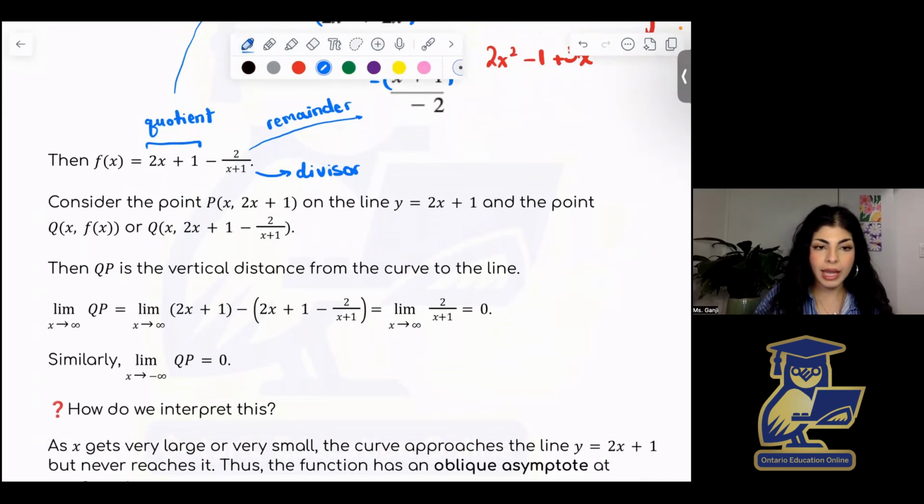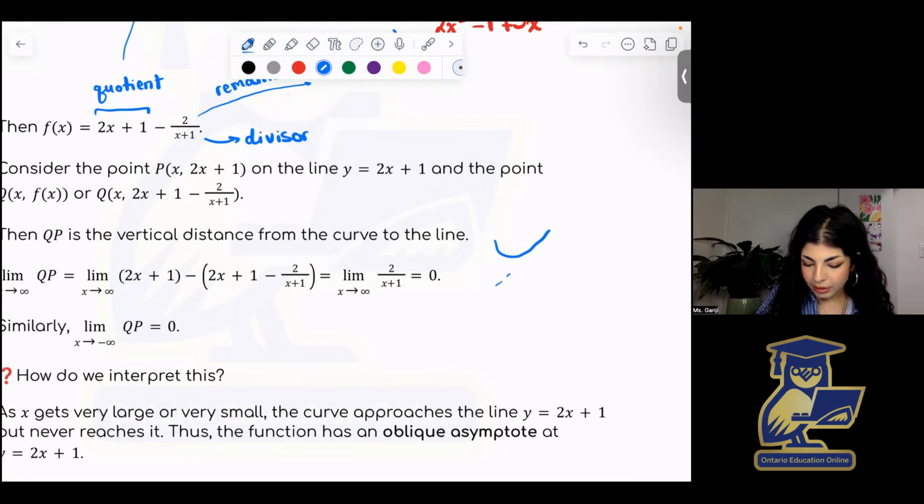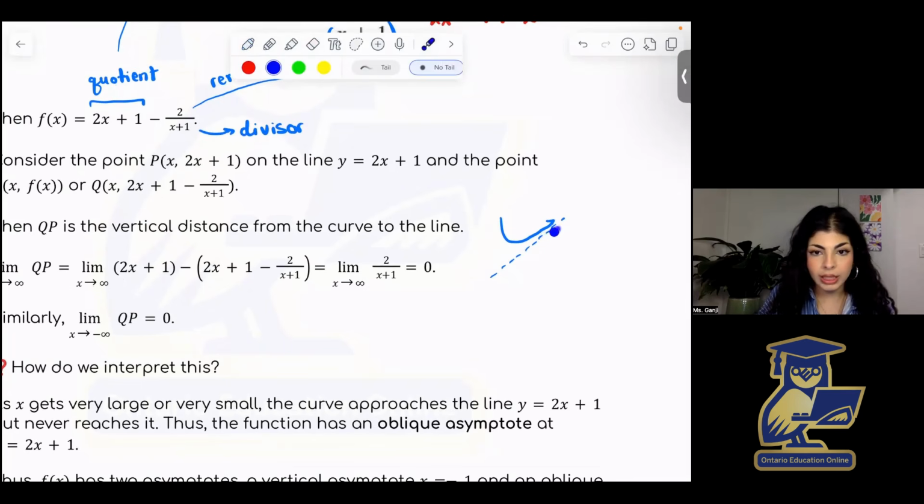So we're just picking any random, for example, consider this diagonal line, and maybe let me draw my curve a little better. Something like this. So we want to know what the distance from these points on this diagonal line to my curve are.